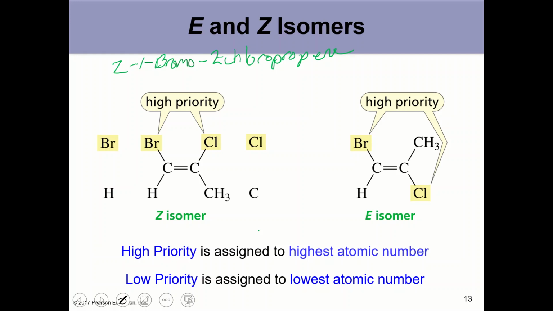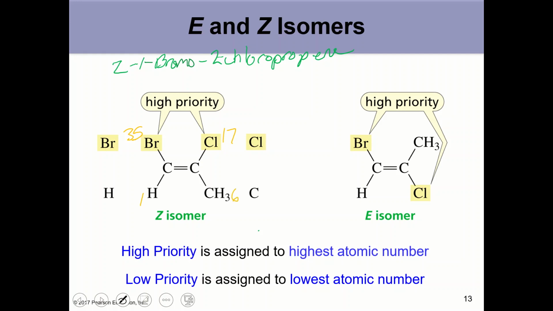Bromine has an atomic number of 35. Chlorine has an atomic number of 17. Hydrogen has an atomic number of 1, and carbon has an atomic number of 6.